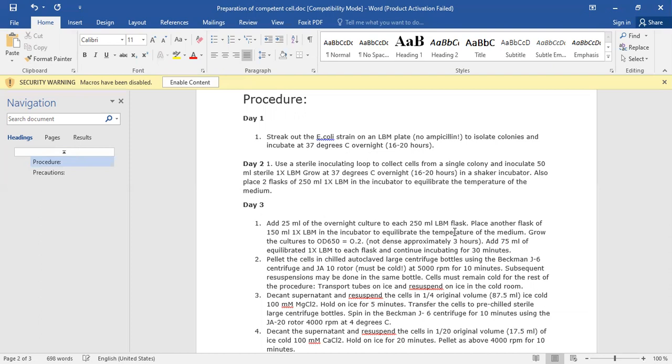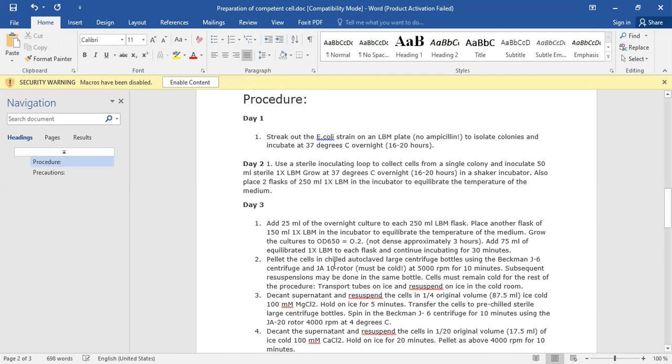Then we grow the culture to an optical density at 650 nanometer of 0.2 under non-dense conditions. Then we add 75 ml of equilibrated 1x LBM to each flask and continue incubating for 30 minutes.